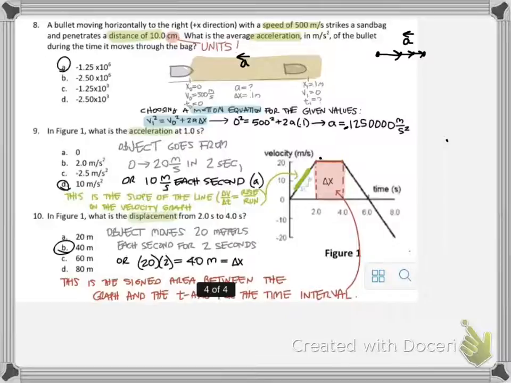Between 6 and 8 seconds, it actually starts moving to the left. It starts moving faster and faster to the left between 6 and 8 seconds. That's what negative velocity means, moving to the left, not in the positive direction, but in fact in the negative direction. It is continuing to accelerate between 6 and 8 seconds.